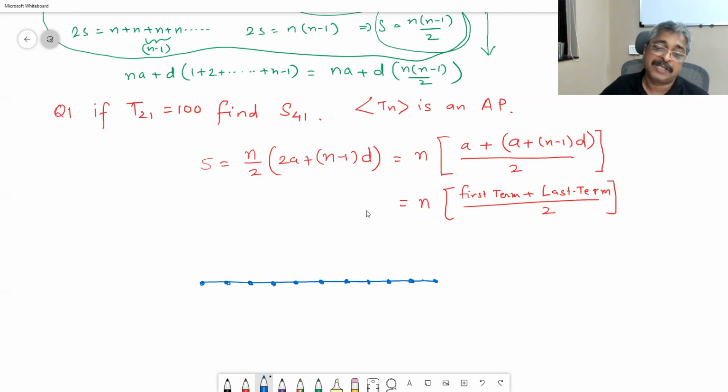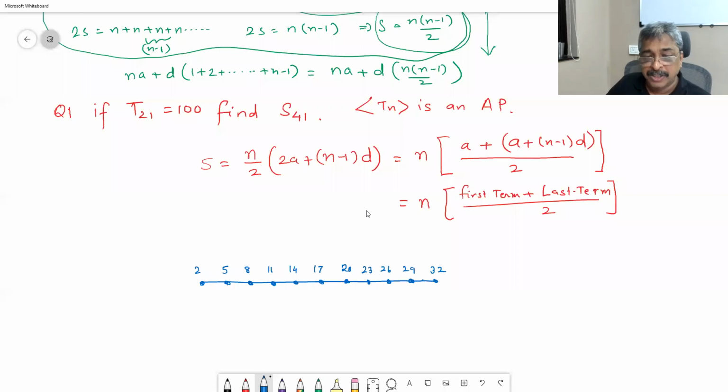That means the common difference is the same. So instead of writing a plus d, etc., let me write down some numbers: 2, 5, 8, 11, 14, 17, 20, 23, 26, 29, 32. They keep exactly the same distance between them. So an arithmetic progression can always be geometrically visualized as points sitting on the real number line at exactly the same interval.